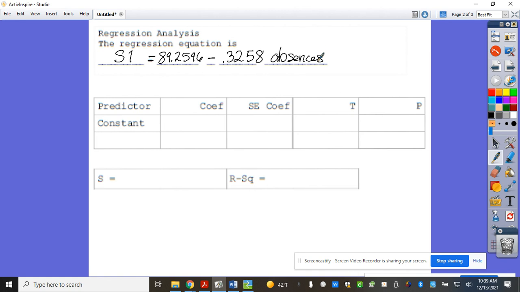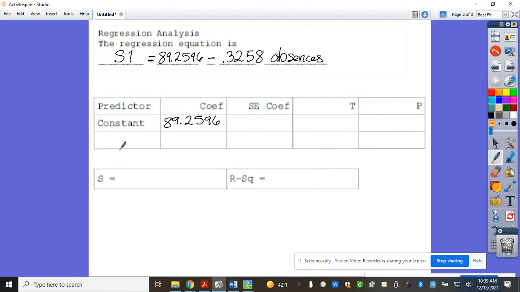So this is, like I said, usually typed out for you. These words are always going to be there: predictor, constant, coefficient, standard error coefficient. Sometimes it says standard deviation, but not very often. A T and a P. So what number is going to go right here? My y-intercept, 89.2596.